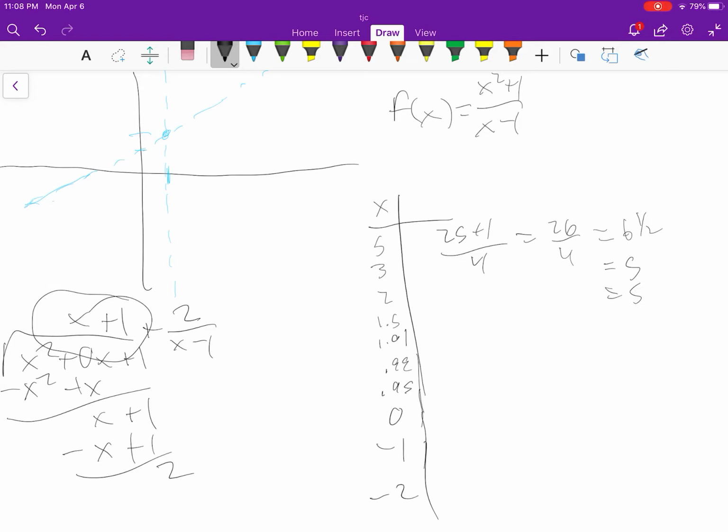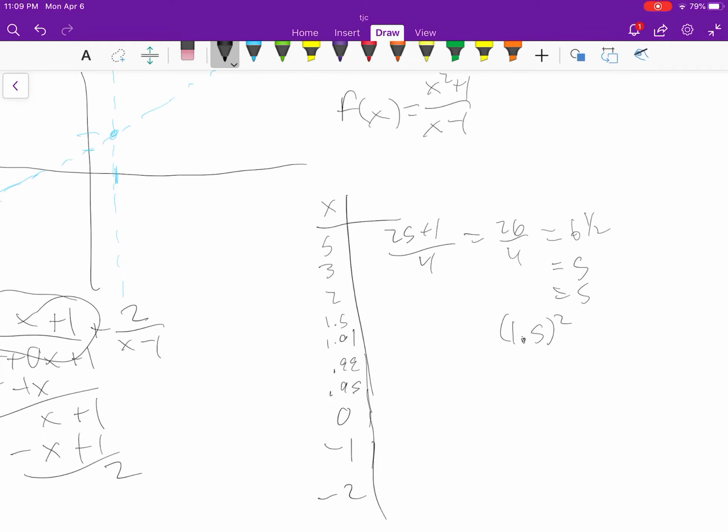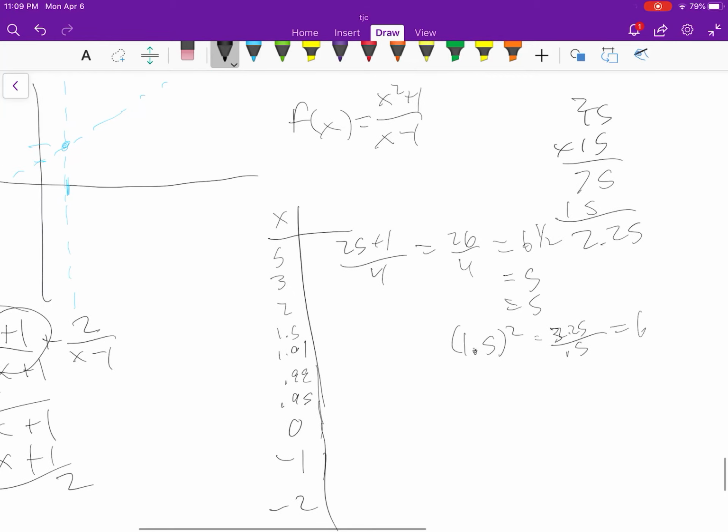Okay. And then at 1.5, since I don't have my calculator on me, I'll do long multiplication. 1.5 squared gives you 2.25. So 2.25 plus 1, so 3.25 over 0.5, which is doubling this, so it's 6.5.